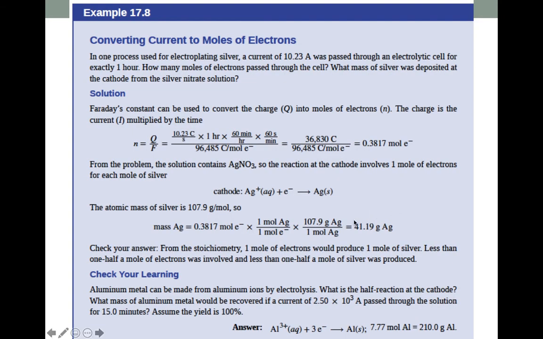So we're going to take the mass, and we have moles of electrons, and 1 mole of electrons for 1 mole of silver, which is where they're getting it from right here, these two things, a mole-to-mole ratio. And then this is the molar mass, and they get how many grams would be deposited. So that's pretty straightforward. I think I do it a little bit more easily. So I'll do this exact question again in another video.